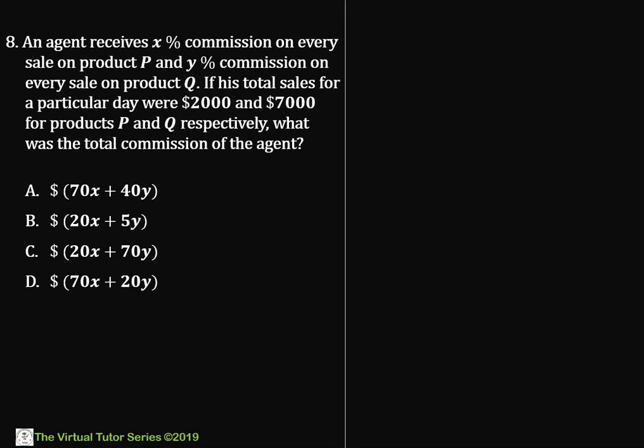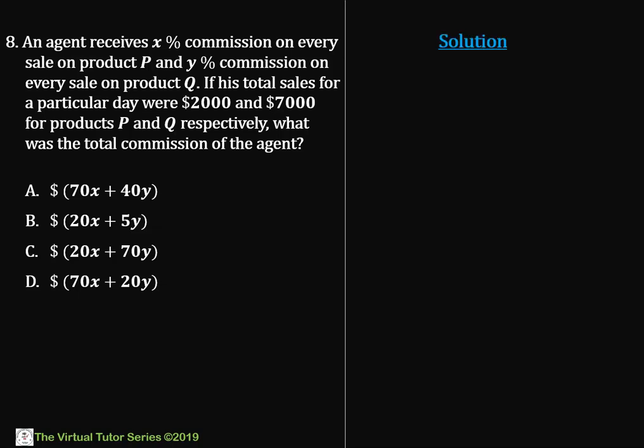Question 8. An agent receives X% commission on every sale on product P and Y% commission on every sale on product Q. If his total sales for a particular day were $2,000 and $7,000 for product P and Q respectively, what was the total commission of the agent?